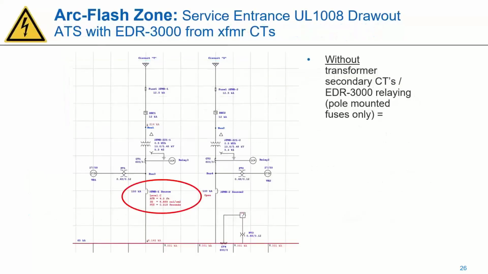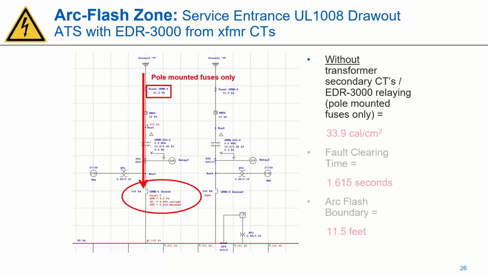So we're going to go ahead and look at the single line for this and show some of the comparisons. So we have that switch zone where anything ahead of the low voltage main breaker is what we're looking at. And with the VFI in the transformer, we're ignoring the VFI in the transformer and the secondary CTs for this. We're just looking at the fuse cutouts upstream for the comparison.